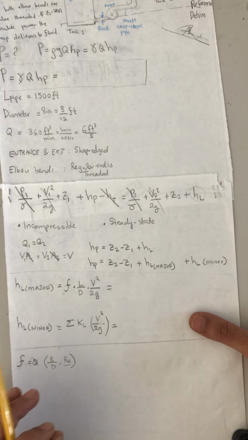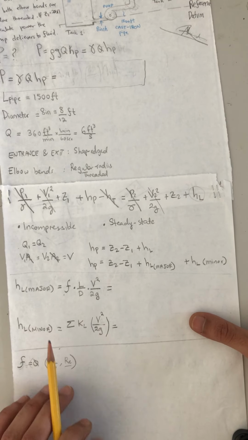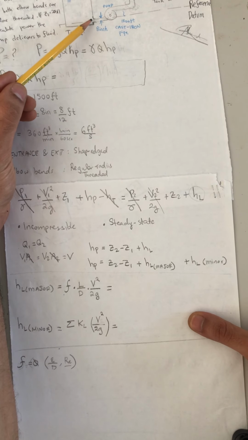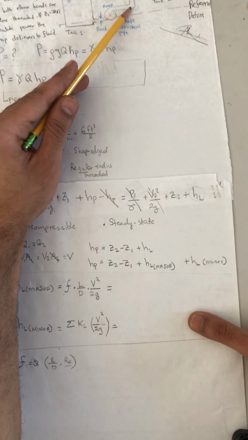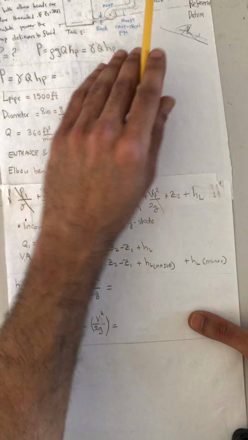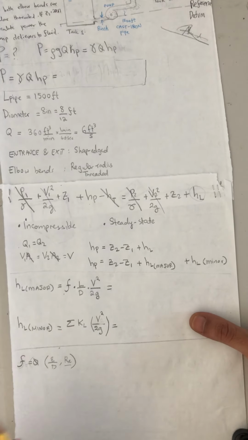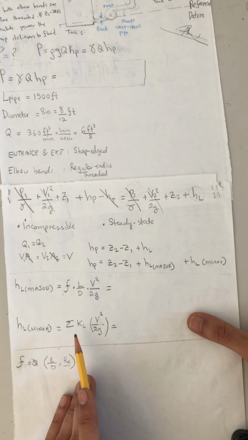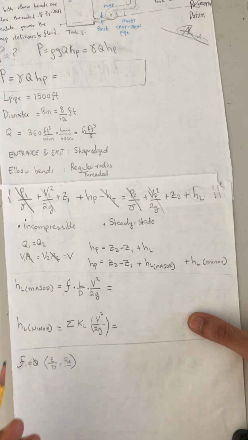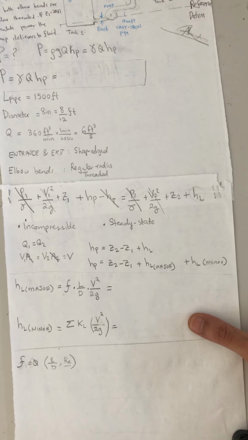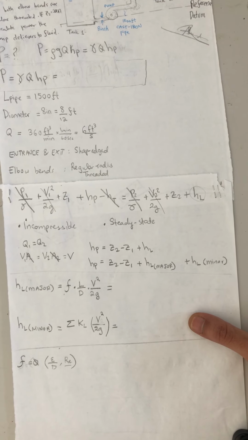We will determine the coefficient of loss present in our tank 1 entrance, our first bend, our second bend, and our sharp-edged exit. All will be considered since they are components of the pipe.